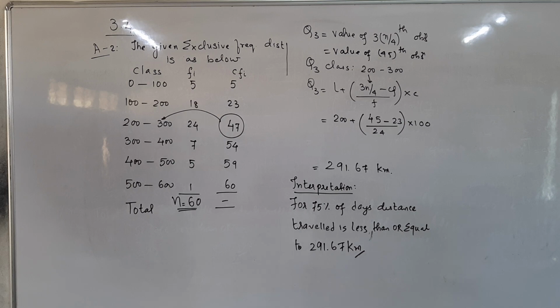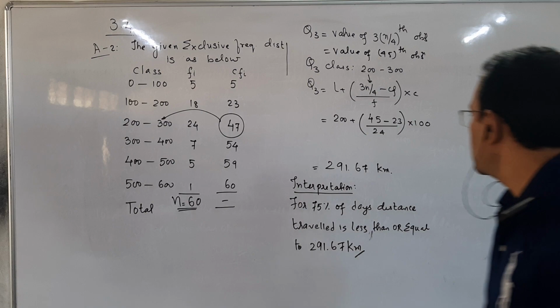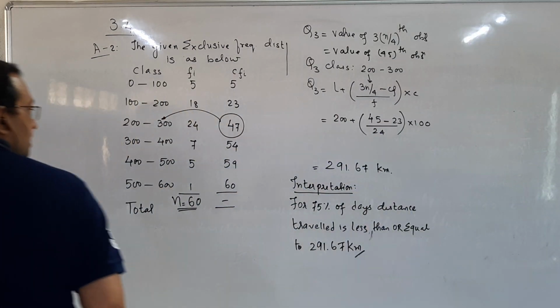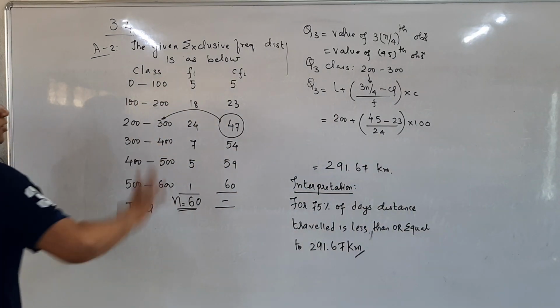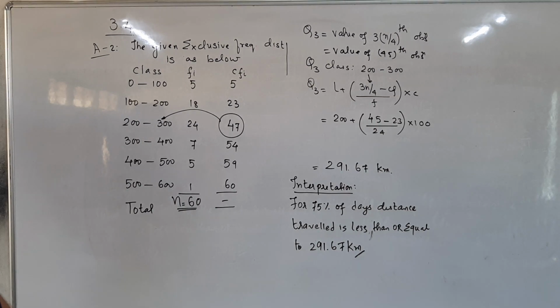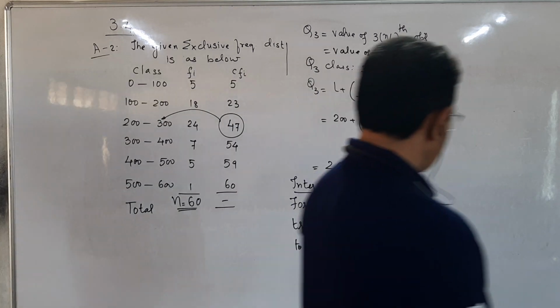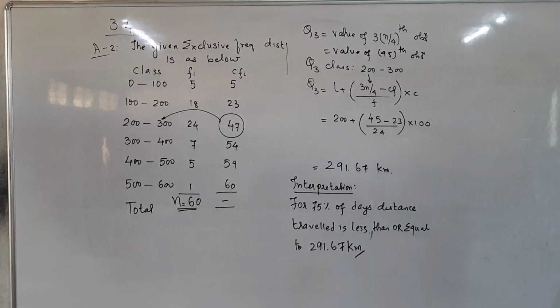This is your answer, students. Because if you draw a line diagram of Q3, the observations less than or equal to Q3 will be 75%. That's all, students. So interpretation is very easy. Percentage always we have to write of fi, that you remember.